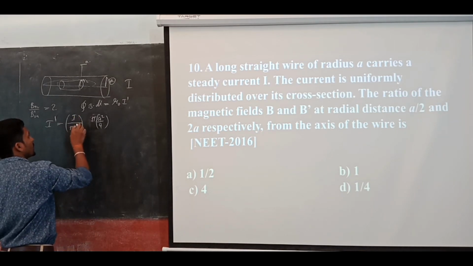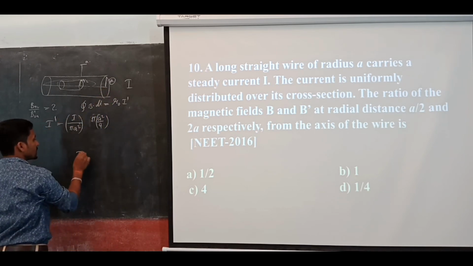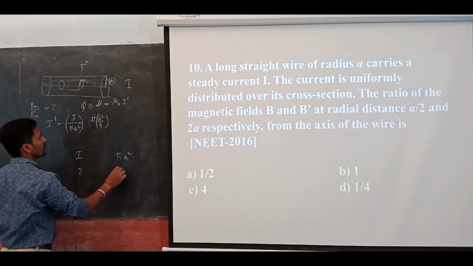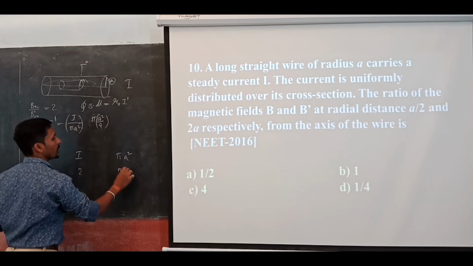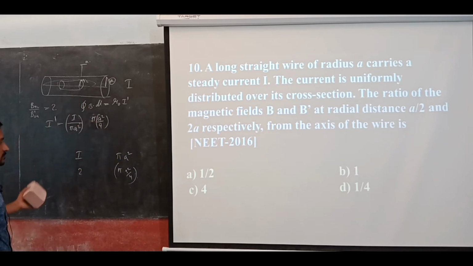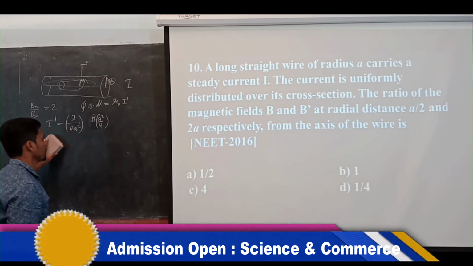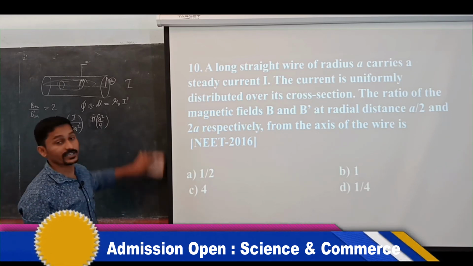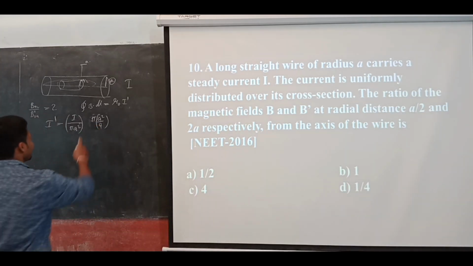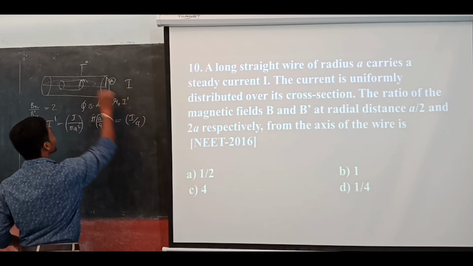This is the current per unit area throughout the area, and I is the current for the whole area. Now what is the current for this smaller area? Pi a square by 4. Simple. There is nothing like rocket science. A square cancels, pi cancels, you get I by 4, so the current is I by 4.